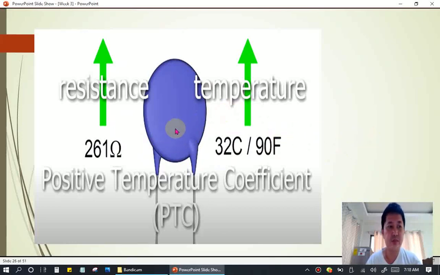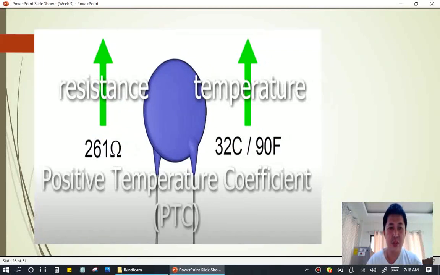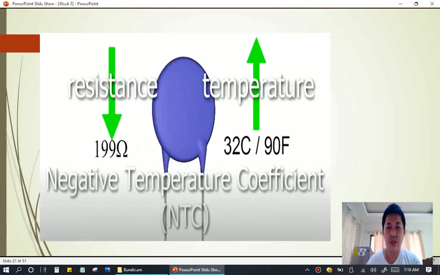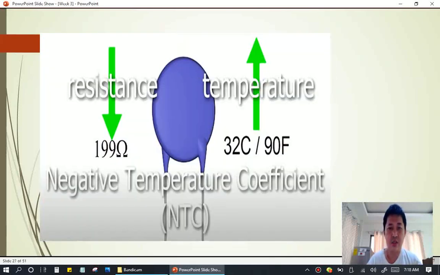So here also the resistance decreases. Now it is 199 ohms. Before it was 261. So this is the negative temperature coefficient. Here is positive.